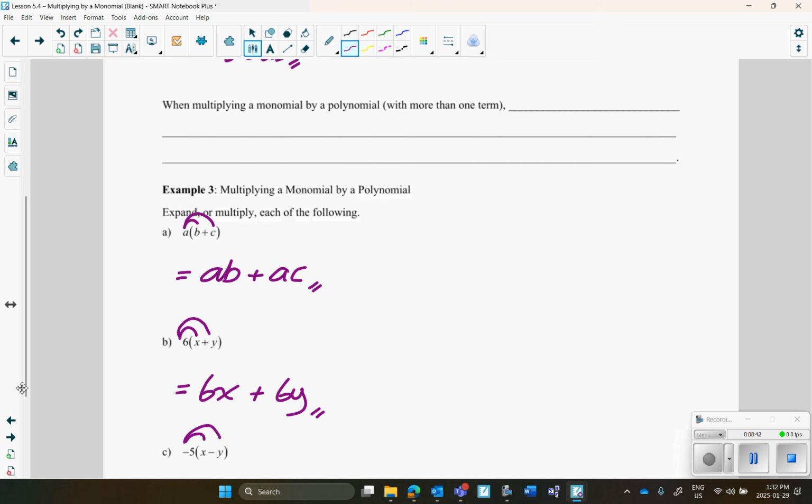So when we multiply a monomial by a polynomial, more than one term, multiply the monomial on the outside by every term in the parentheses.